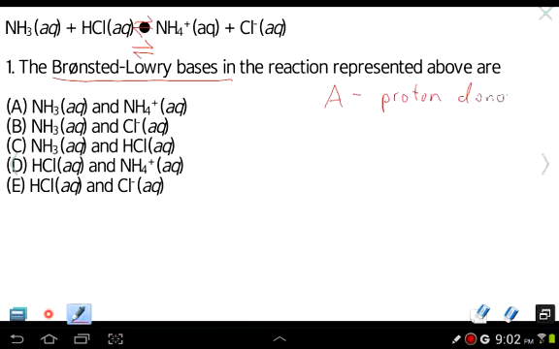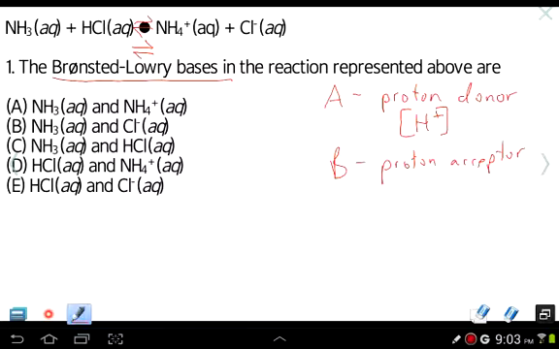And a proton, again, is simply a hydrogen ion, because when a hydrogen loses an electron, all that's left is a proton. A base is a proton acceptor. So these are essentially the definitions. So what we're asking for is the two bases in this equilibrium.